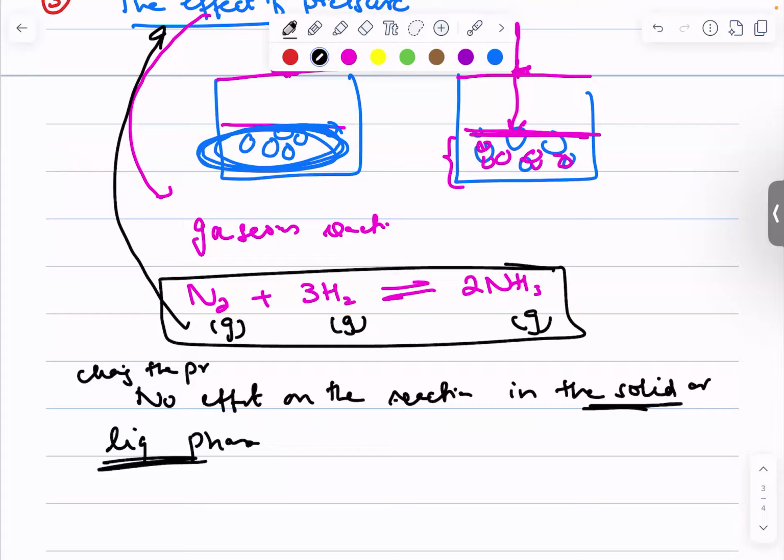Because you can't squash a liquid or solid. Well done. This is because the volume of solids and liquids changes very, very little if you put them under pressure. So the particles do not move closer together because, as you said, you can't squash them, right? So the effect of pressure will only be considered for the gaseous reactions.